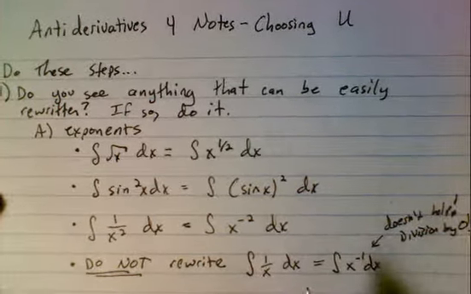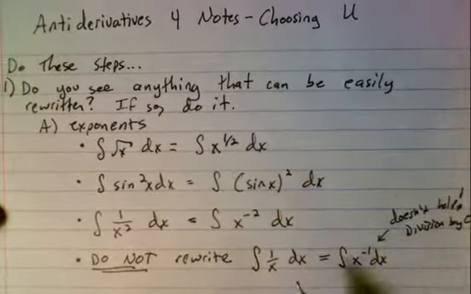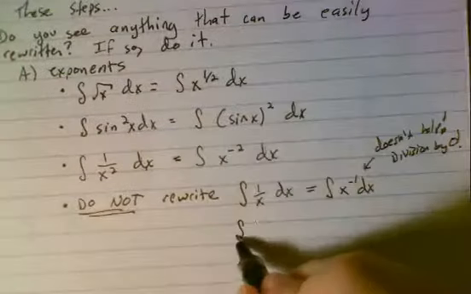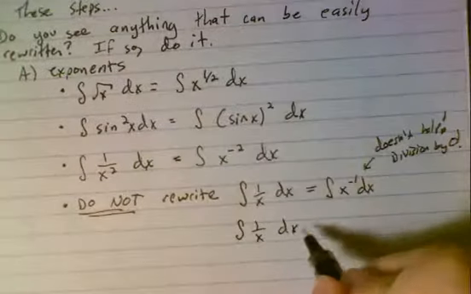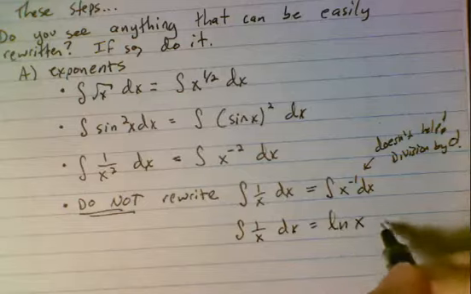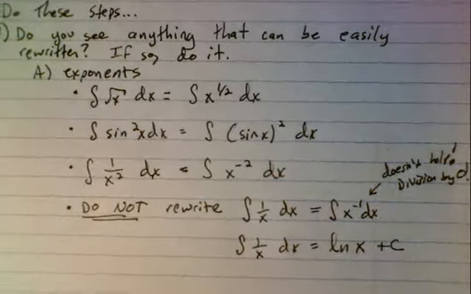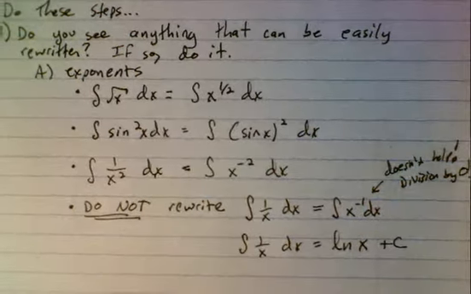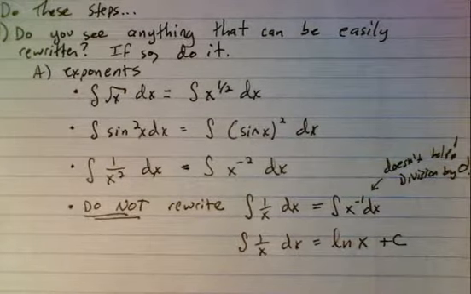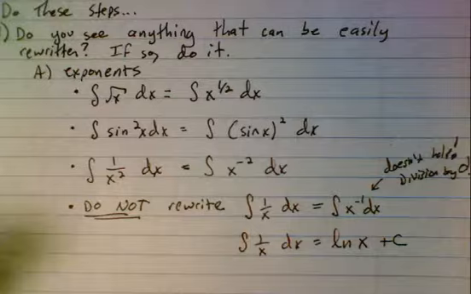Leave 1 over x as is, because that's the one where we have to remember that the antiderivative of 1 over x dx equals the natural log of x plus c. Those are the rewrites we had from when we were working with derivatives.